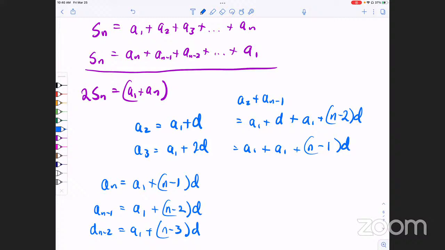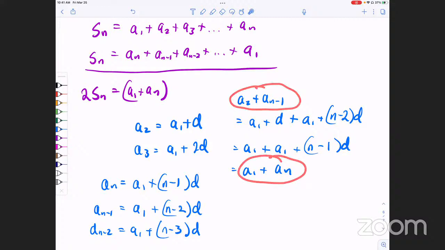I thought there was a better way, but long story short, this right here is our an. So then that's going to be a1 plus an. So we showed that a2 plus an minus 1 is just this.